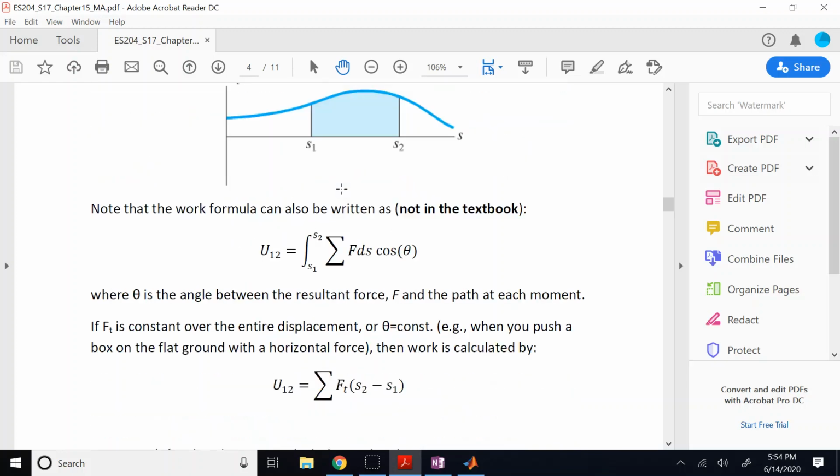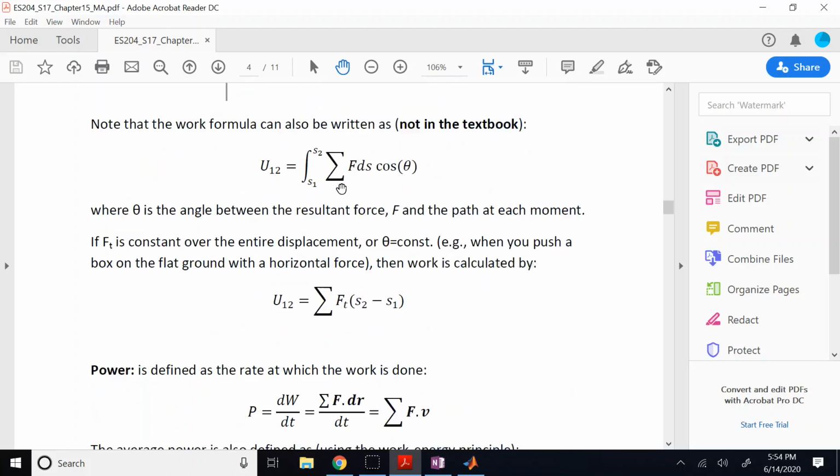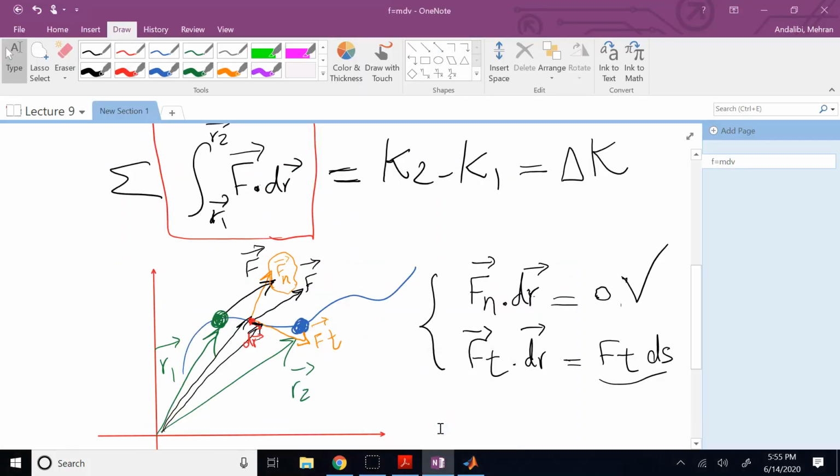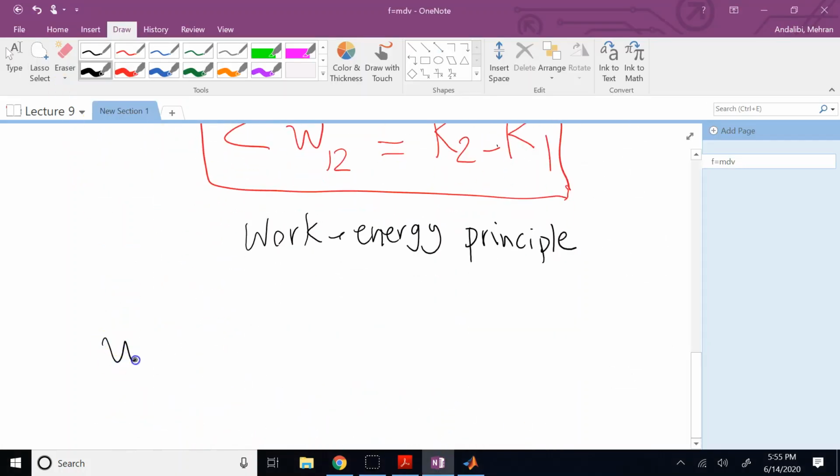So now, special cases of the work formula which you have seen in your physics. If the force and the angle between the force and the tangent direction are constant, right? Our work can be calculated by the integral from R1 to R2 of F dot dr, right?